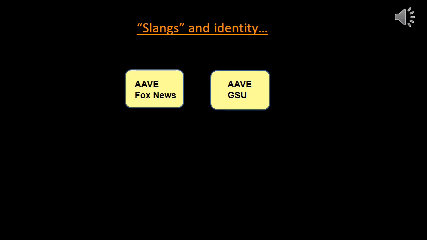They use the example of the dialect of AAVE, African American English. And they agree on one thing. They agree on the fact that young African Americans must master standard English in order to be successful in life, in order to be well integrated in the system, to have a successful academic career, and to have a successful life in the workforce.